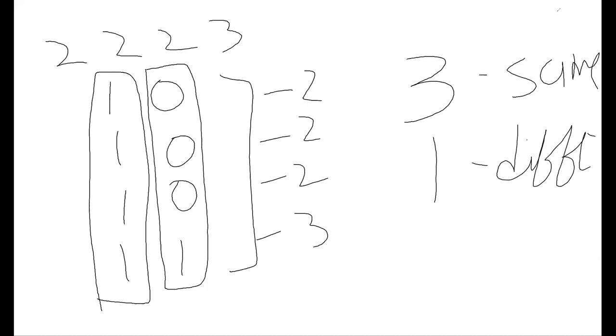Okay, so we can do one thing. We can add the bits and then mod it with 3. So we will get that different bit. So how will you add the bits? Can you add the bits? That's the question. Your approach is not wrong.